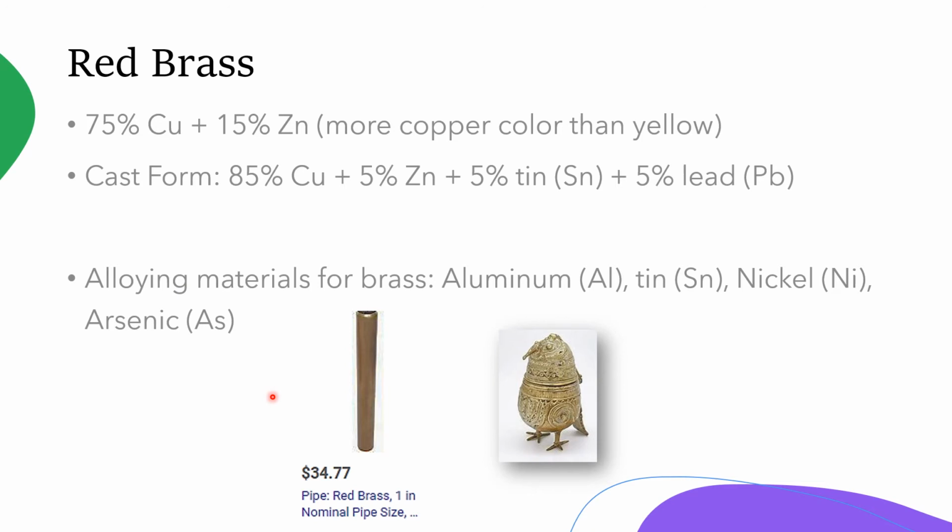So alloy materials for brass, we can add these things. We can add aluminum, we can add tin, we can add nickel, and we can add arsenic. Okay, and these are the abbreviations. Try to remember. I'm trying to teach you right now, so you're okay, because some companies use abbreviations, some companies use the full term. So here's a little red brass.